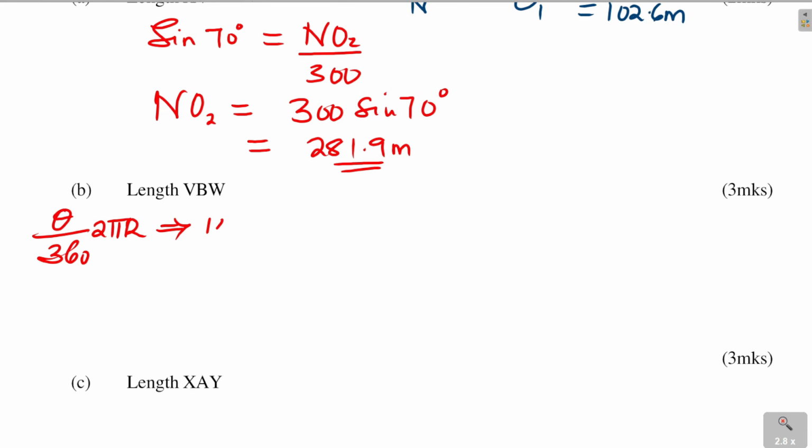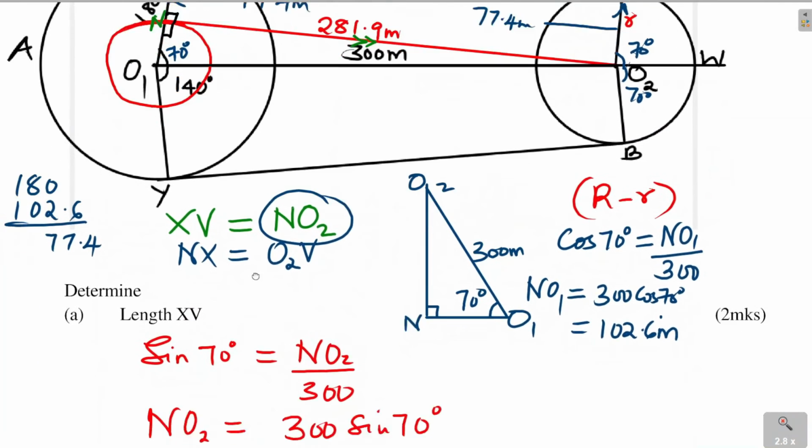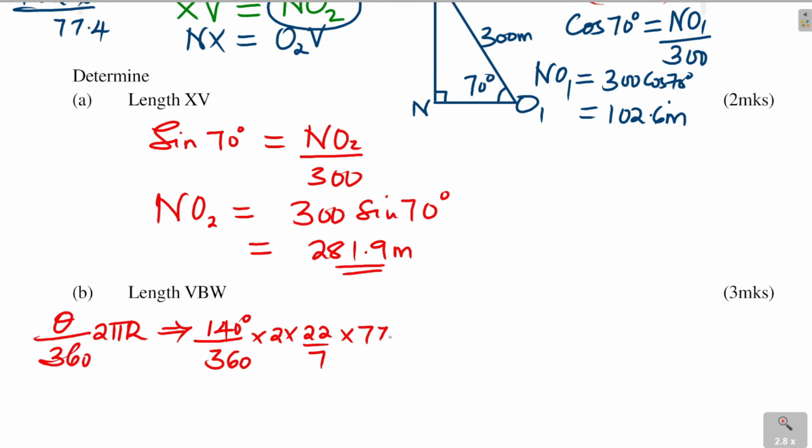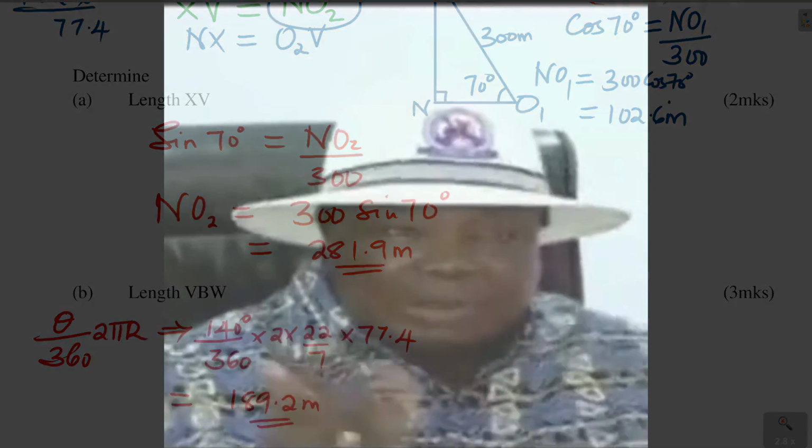So it will be 140 degrees divided by 360 times 2 times 22 over 7, that is pi, times the radius, which we've just obtained as 77.4. So we get 189.2 meters. That is the length VBW.